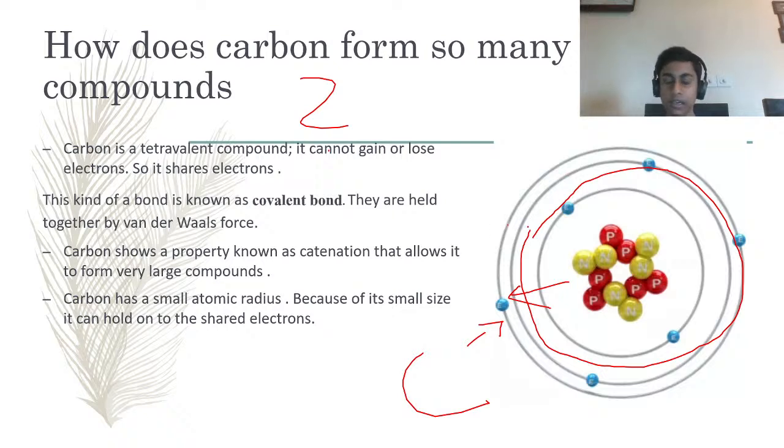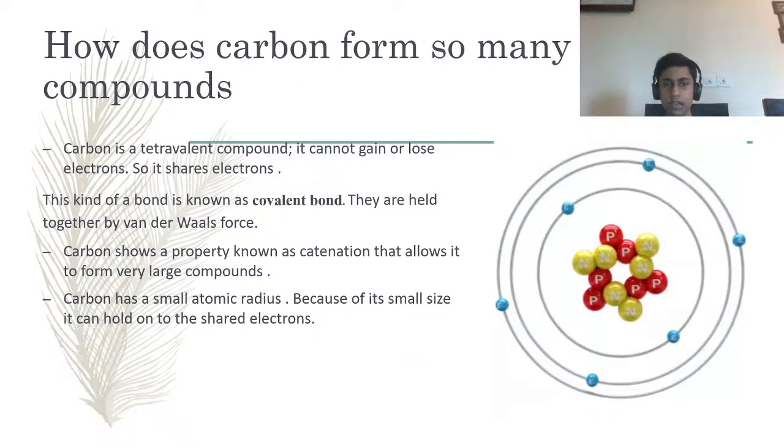So this would mean that a little bit of energy is enough to remove the outermost electrons. So this is not stable. C4 minus is not stable. What about C4 plus?